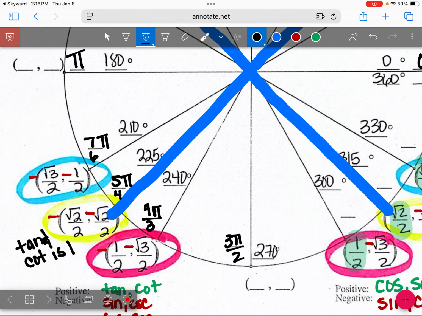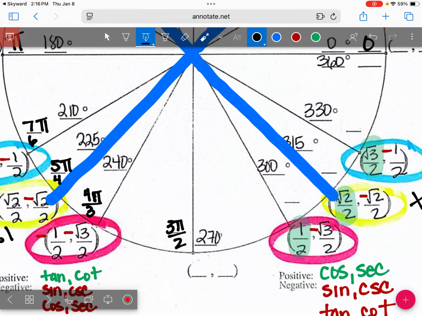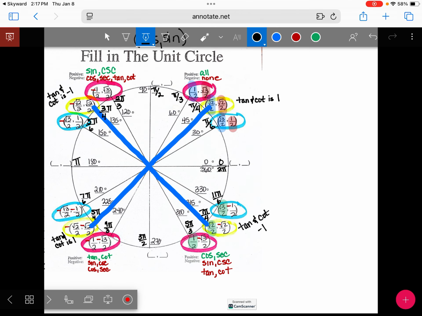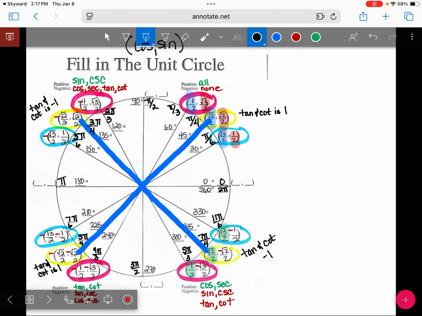And then the last piece is quadrant 4. For quadrant 4, that one's a little trickier. So we have 5 pi over 3. This is 7 pi over 4. And this is 11 pi over 6. And again, we know that 360 is 2 pi. So that is your full unit circle.